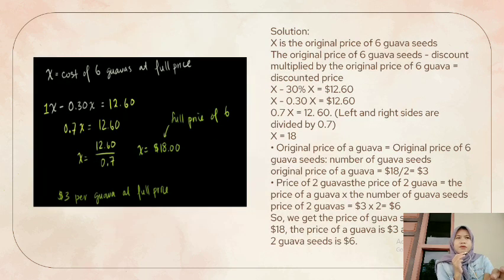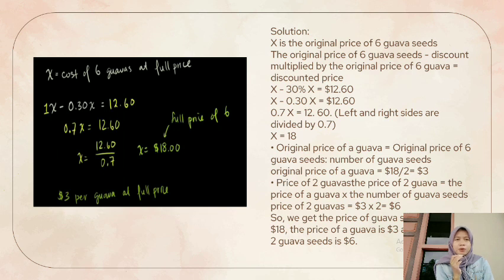Okay, the solution for this question is, X is the original price of 6 guavas. The original price of 6 guavas minus the discount multiplied by the original price of 6 guavas equals the discount price. X minus 30% X equals $12.60, and X minus 0.3x equals $12.60.